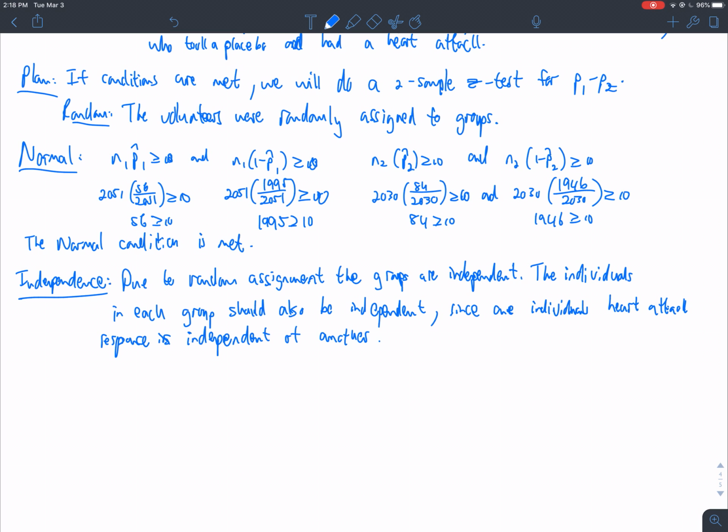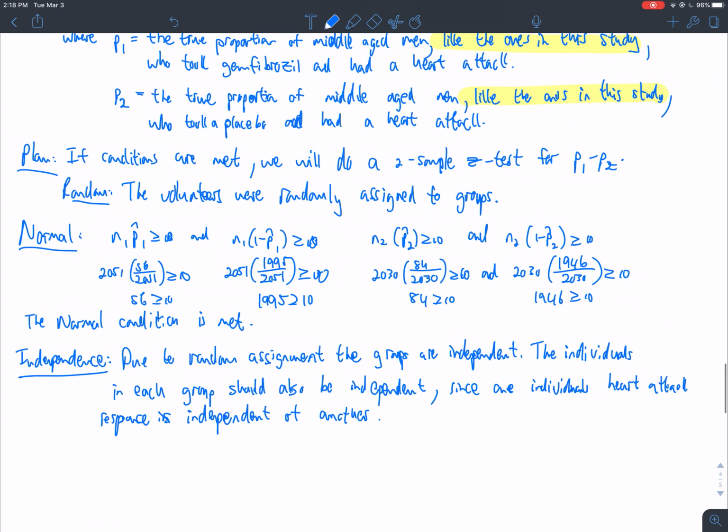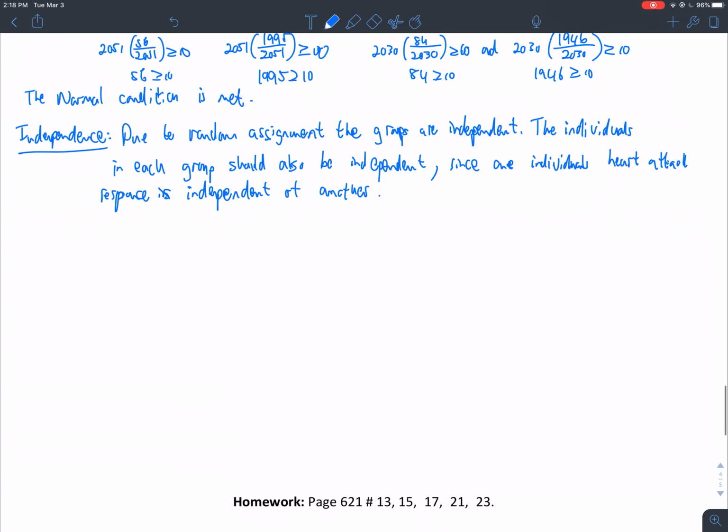Okay, yeah. So there we go. We've checked the conditions: random, normal, independent, and now I want to do the do step. Okay, do step. Back to the same thing again.